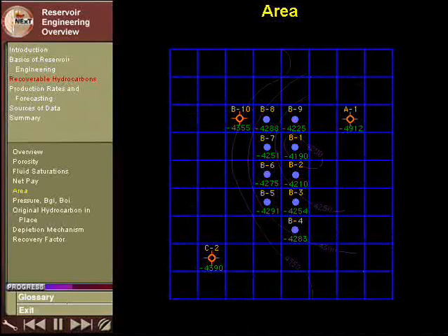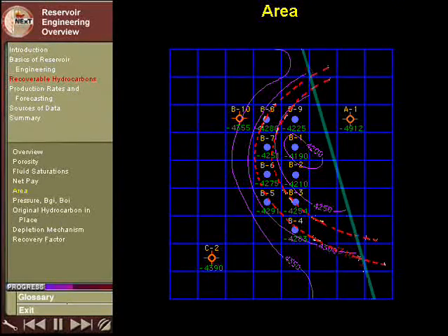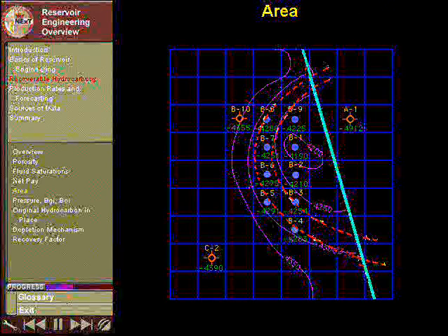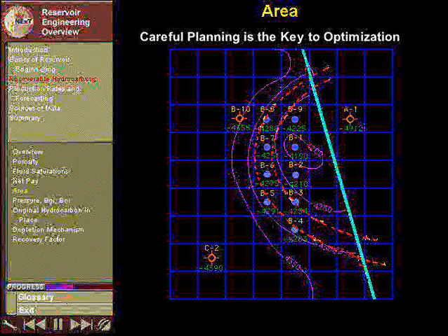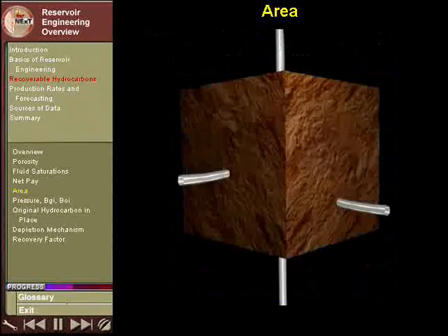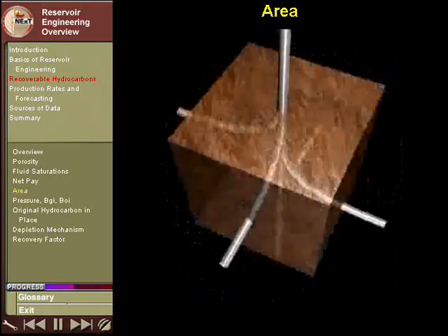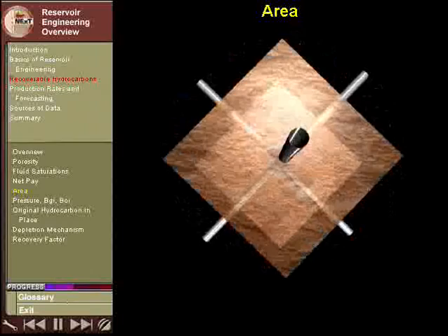Delineation drilling and well testing provides additional information to determine how far the reservoir extends and the location of fluid contacts. To minimize the cost of drilling delineation wells, the location of the wells should be carefully planned to obtain the most information with the fewest number of wells. Often a delineation well will be drilled and then sidetracked to gain additional information and minimize cost.